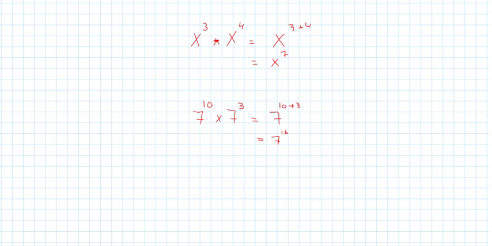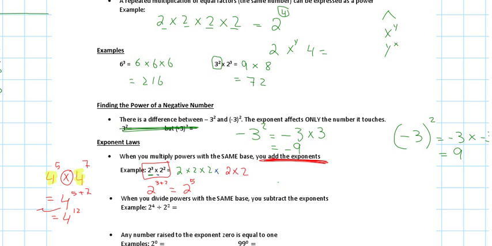So the important part is that I have to have the same base. If I don't have the same base, I can't do this. Okay? Because it doesn't make sense. It doesn't work. Remember that I showed you that the reason that worked is because the 2 is actually the same, right?